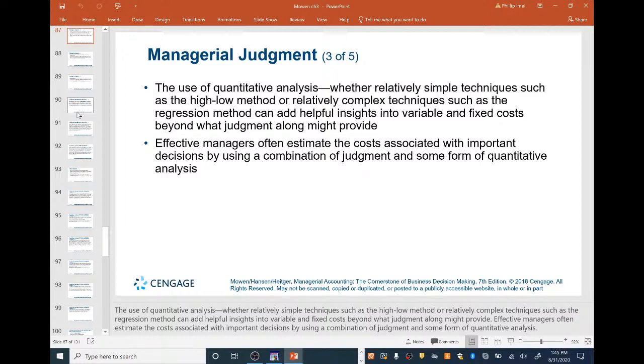Effective managers often estimate the cost associated with important decisions by using a combination of judgment and some form of quantitative analysis. So obviously, we want to use a little hybrid approach here. We want to use our knowledge and our judgment, but at the same time, we want to use some quantitative techniques to go hand in hand with that judgment, because ultimately that's going to leave us with a better outcome based upon what we're trying to figure out.